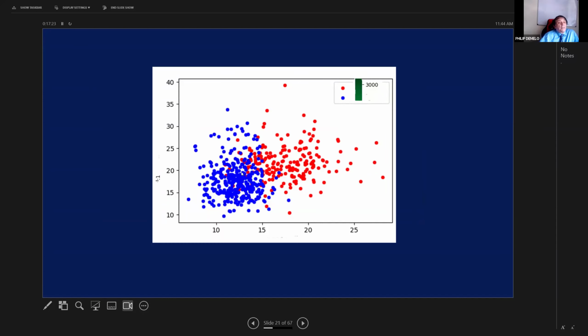Regarding real-world data, we also used a technique called SVM, or support vector machine, that separates different outcomes.